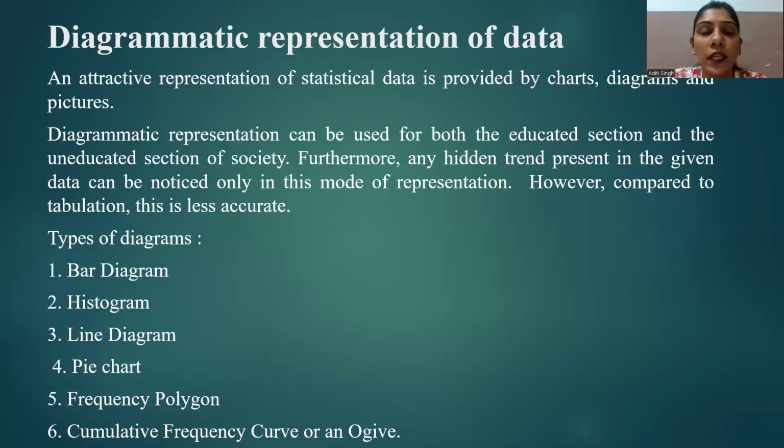There are numerous types of diagrams used in statistics also. Similarly, the diagrammatic representation of the data gives a lot of information regarding the numerical data. This can be understood with the help of the diagrams, which we will discuss later.